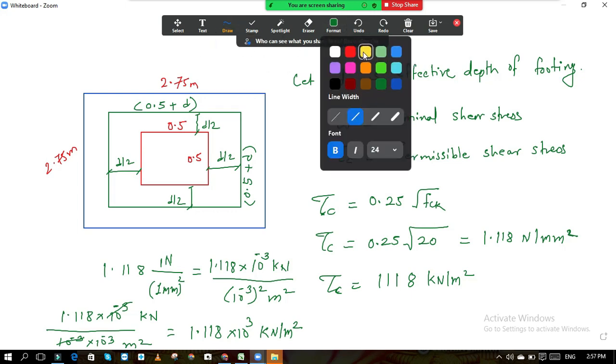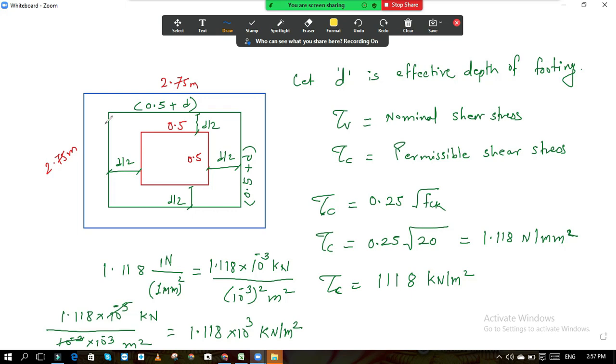The remaining area I will hatch with another color, so this area will remain. Whatever I have hatched now will remain as it is, because the inside area will get punched through the footing.